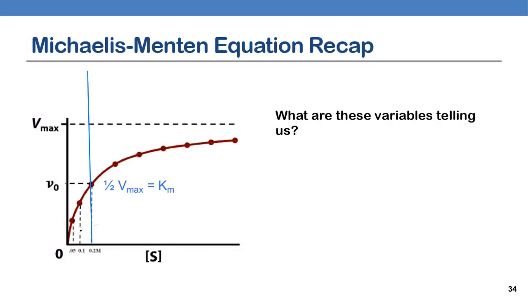Our half initial rate is higher, but it's still occurring at, here we go, our 0.2 molar. So now our half V naught is there, but it's at the same concentration of substrate.